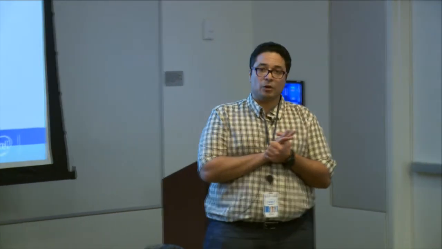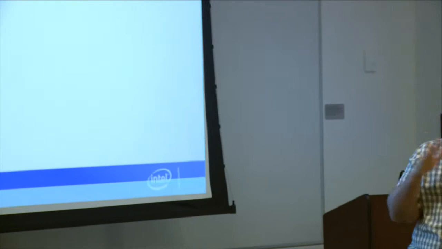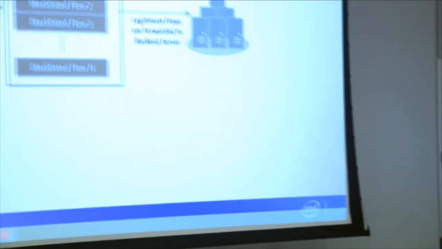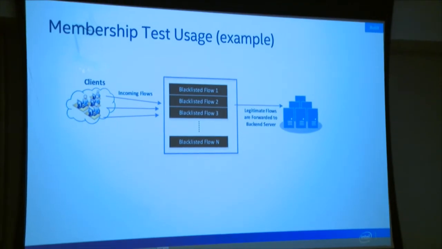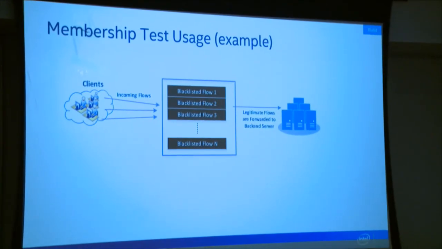So what is this library all about? This example is to show what membership and what membership test is, and the next slide is talking about what the components of the library are. But imagine this scenario where you have some clients going to a backend server, and you have a middle box along the way that is blacklisting some flows.